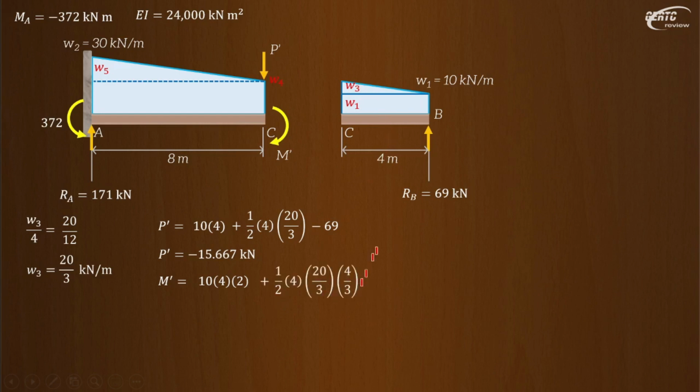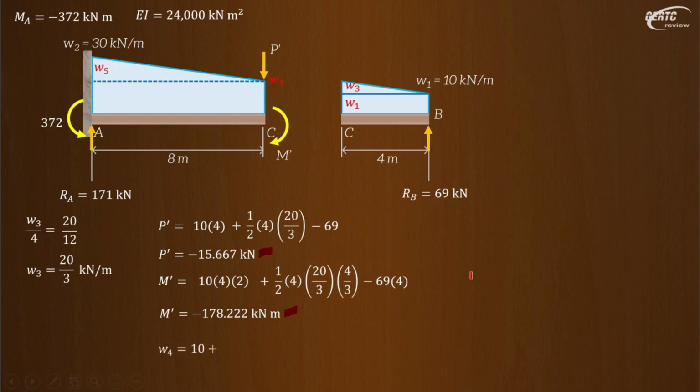Okay, this is it. And then minus 69 times 4. And this gives us negative 178.222, meaning it is not clockwise. It will be counterclockwise. Since I assumed downward and we got a negative force, it is reversed. For this one, clockwise, we got a negative sign, meaning it is reversed.